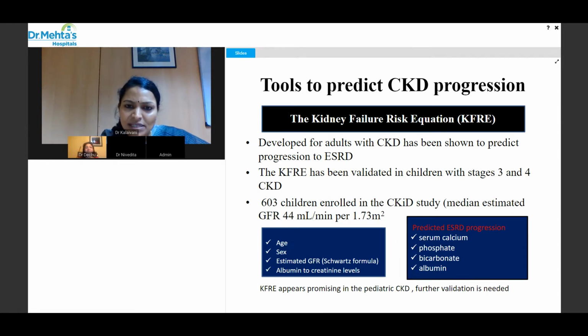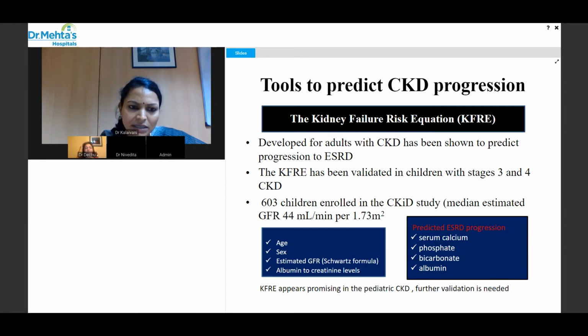They have come up with the kidney failure risk equation, which was developed for adults with CKD but has good predictive value in children with CKD stage 3 and 4 as well.